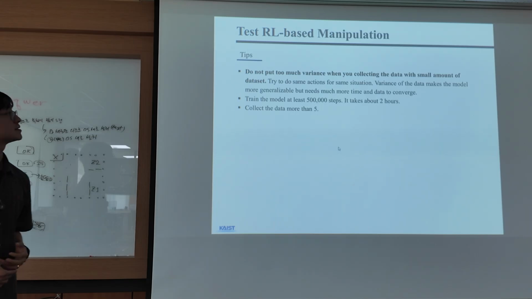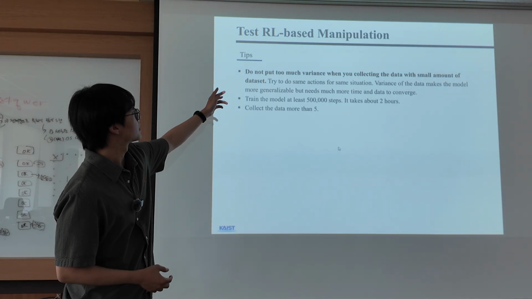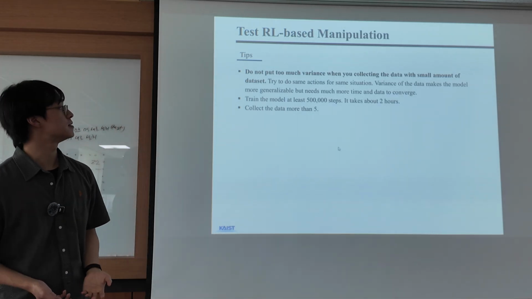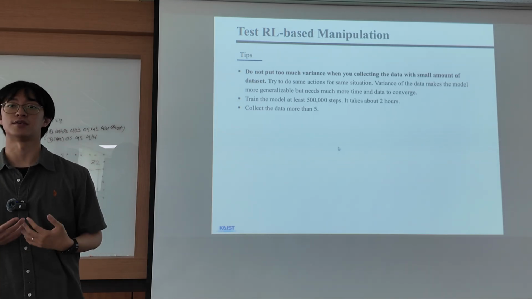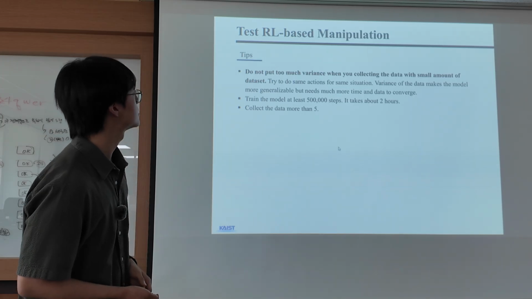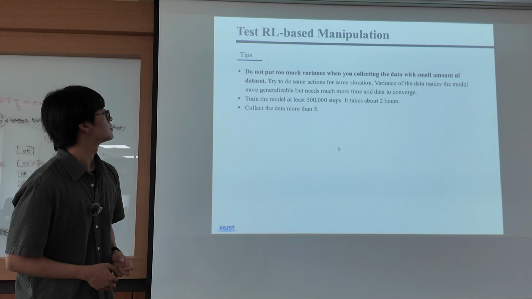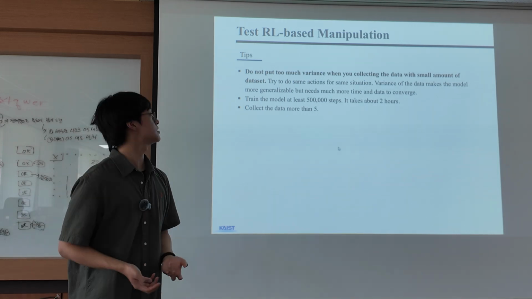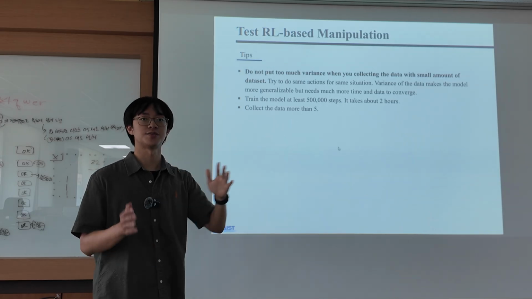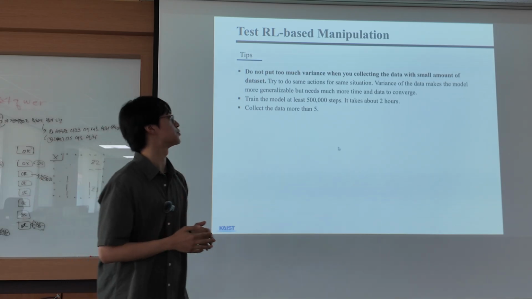And here are some tips to collect data and train these models. The more variable the dataset is, the more data is needed. So don't put too much variance in when you're collecting a small amount of data. You should do the same or similar actions for the same situations so that the agent can learn that situation well.